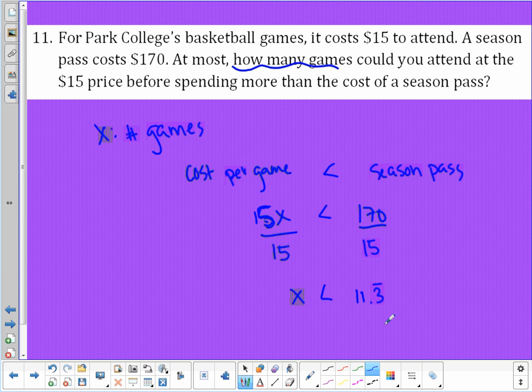There's no way that you can pay for a third of a game. So we have to round this down to the game below it, because we can't spend more than 11.3 repeating. I can't pay for a portion of a game, so it's like I'm just taking off the fractional part. So really I'm looking at most 11 games that I can go to.